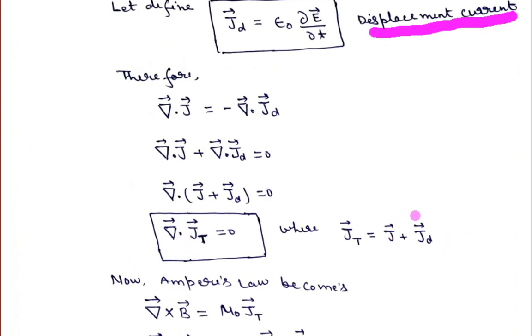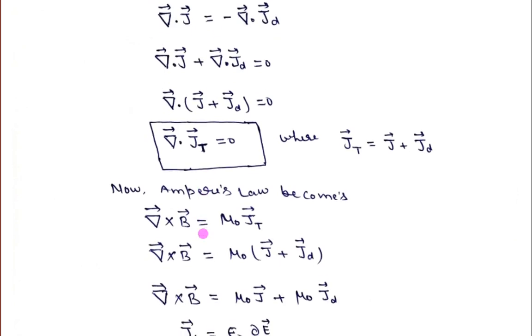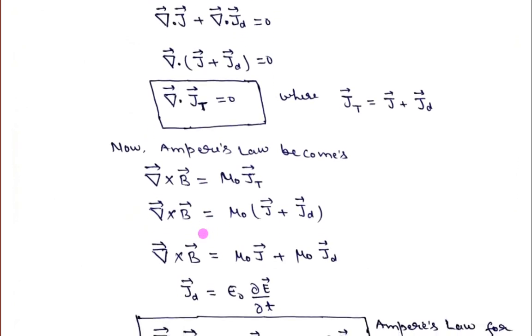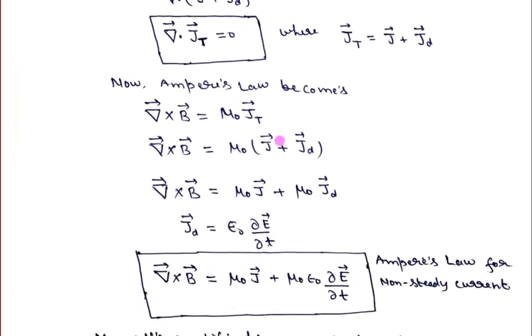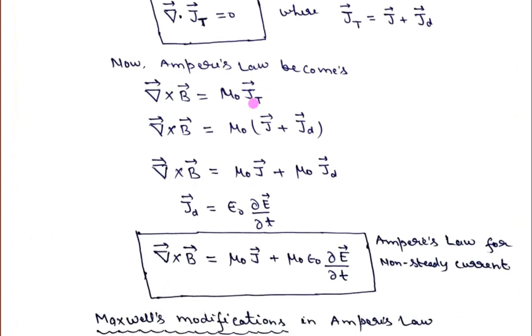Now we can write Ampere's law beyond the magnetostatic part. It means now we can write Ampere's law for a non-steady current. Let us consider, in place of current density J, we write JT, because this is satisfying the continuity equation.